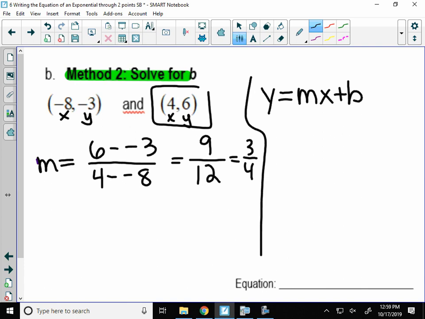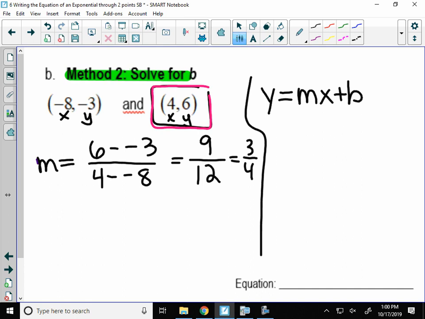Okay. That's good. I have the slope. I have the m. I don't have the b, the y-intercept. Does anyone remember what I have to do next? What do you do, Meg? All right, so I'm going to plug in the x and the y here for one of my points. We're going to use 4 and 6. And my slope.